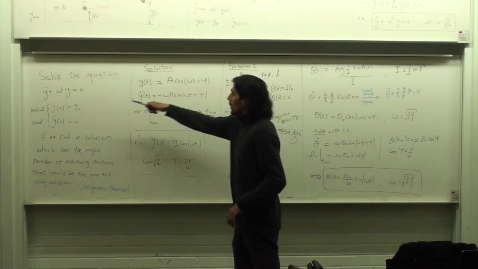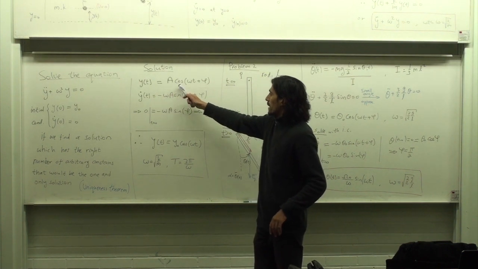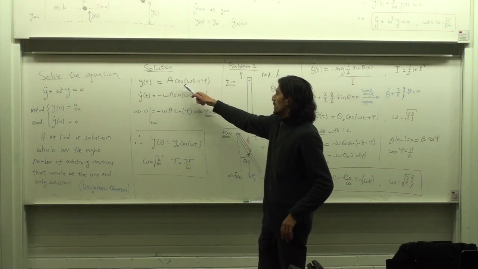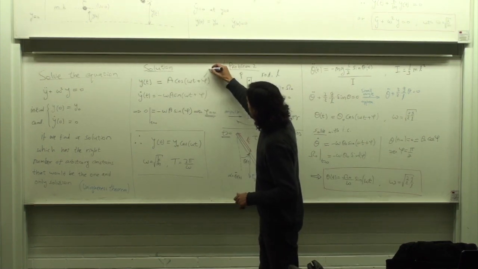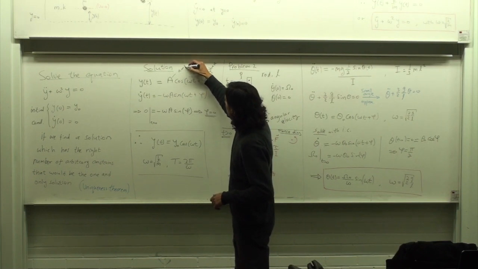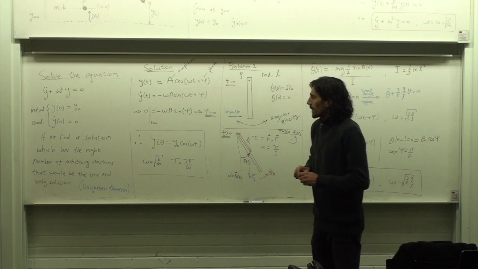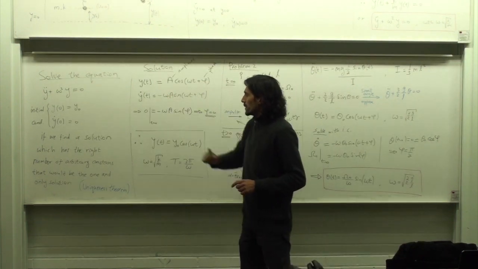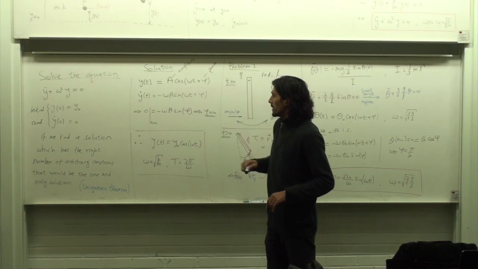So the solution of this differential equation is given by the following: A times cosine of omega t plus phi. A is the amplitude, and phi is the phase. If you take the derivative, then you get a minus omega outside and a sine here.